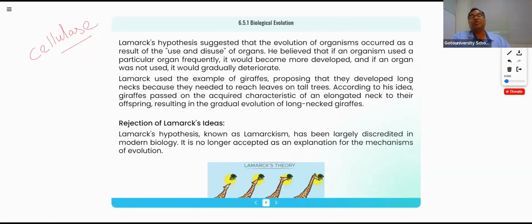Like this, if you are not using the organ for a long time, the organ will not work appropriately, and at one particular point it won't be a functional organ. It becomes completely functionless. A completely functionless organ has originated from our functional organ because we did not use it. That is the outcome of this particular idea. Now we are entering into the next important concept.